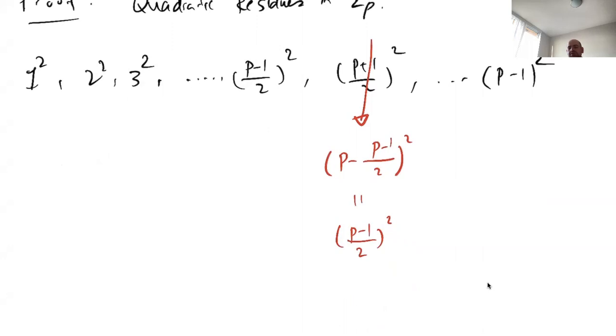Any multiple of p is 0. So this is the same as ((p minus 1)/2) squared.